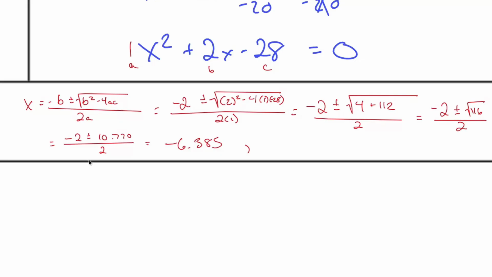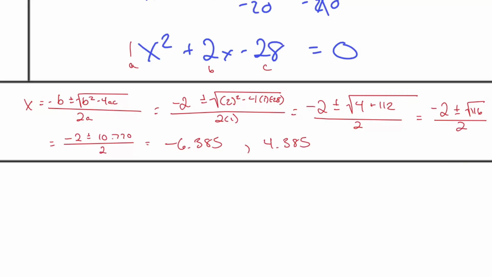And the other option would be 8.770 divided by 2. What's 8.770 divided by 2? 4.385. All right. This is where we have to be really careful.